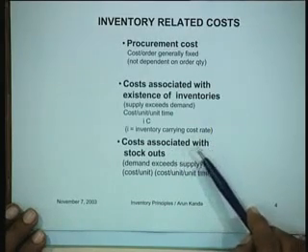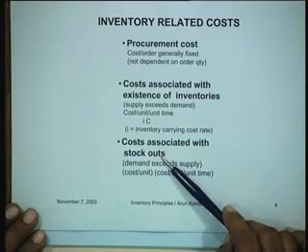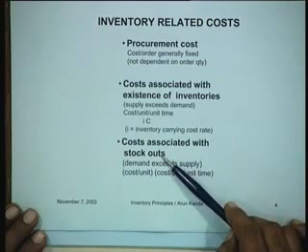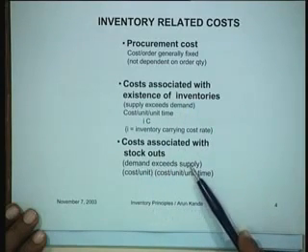The other type of cost that we are talking about is the cost associated with stockouts. That means a stockout is a situation where there is a demand for something but you have no supplies available, right? So it's the opposite of this situation. That means the demand now exceeds the supply. You don't have the supply available.